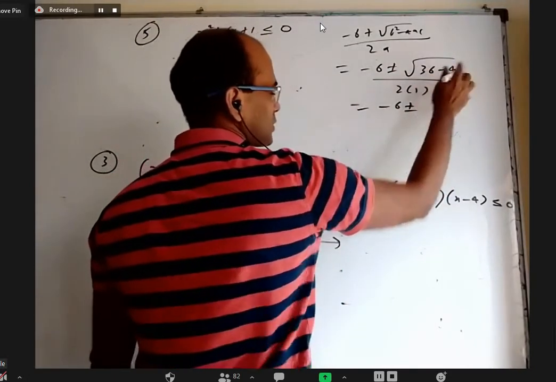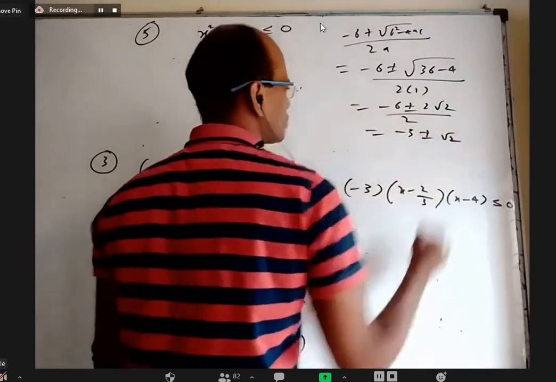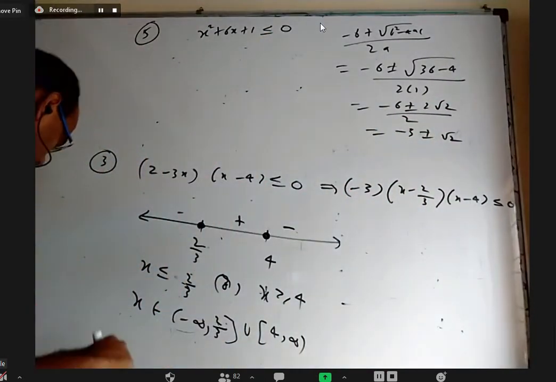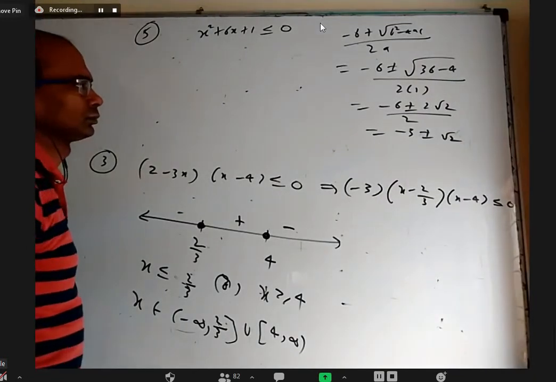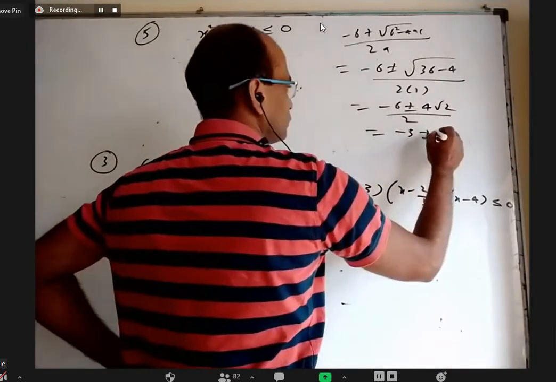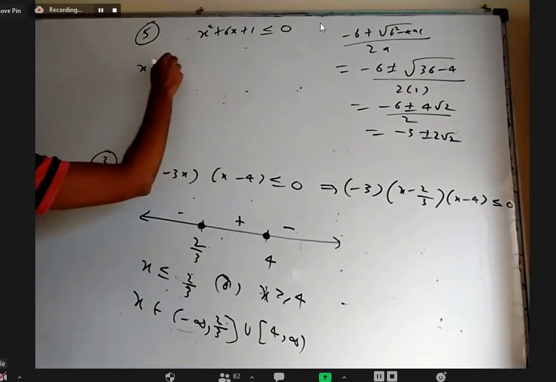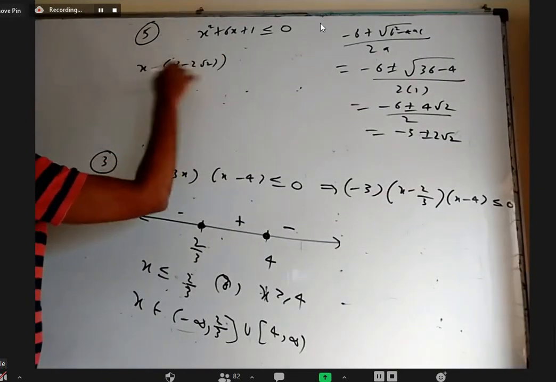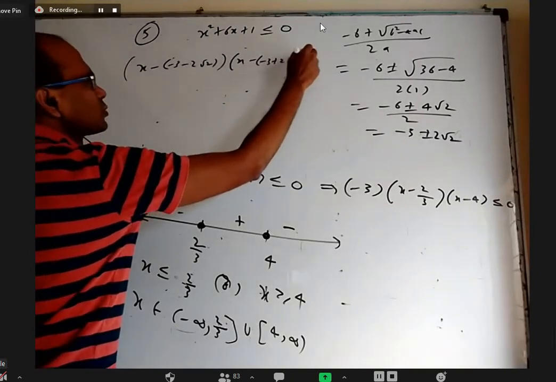Minus 6 plus or minus square root of 32 by 2, so minus 3 plus or minus 2 root 2. Okay, so x minus (minus 3 minus 2 root 2) is one root, x minus (minus 3 plus 2 root 2) is another.